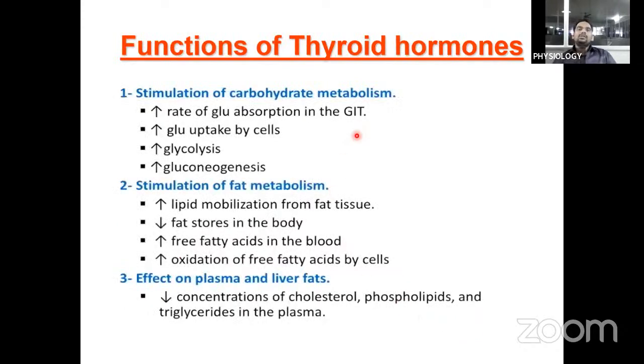Now we'll see the functions of thyroid hormone. The most important function is stimulation of carbohydrate metabolism. It will increase the rate of glucose absorption in the GIT. In that way, it can increase the glucose uptake by the cells.